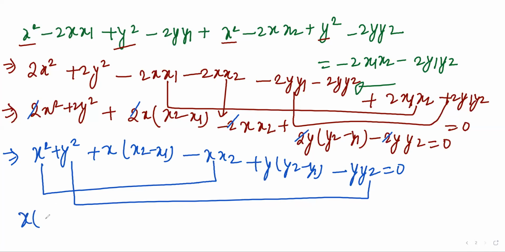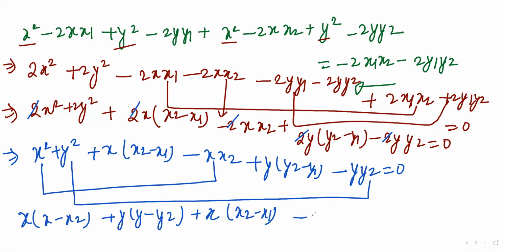It is x common, so it will be x minus x2, and y is common, so y minus y2 into x2 minus x1 plus y into y2 minus y1 is equal to 0. So what we can do now?